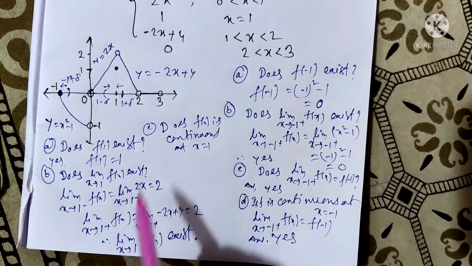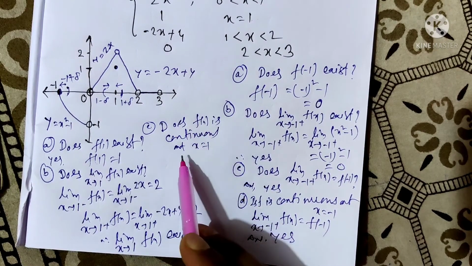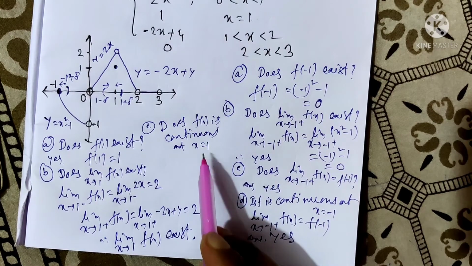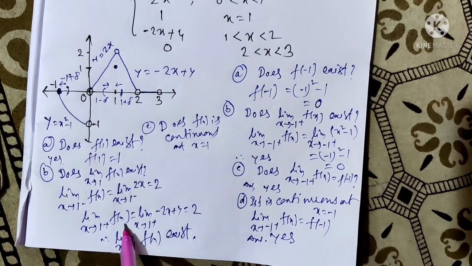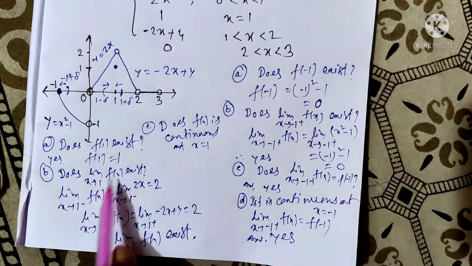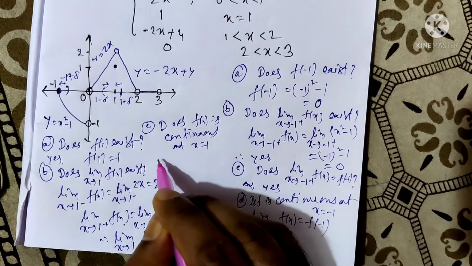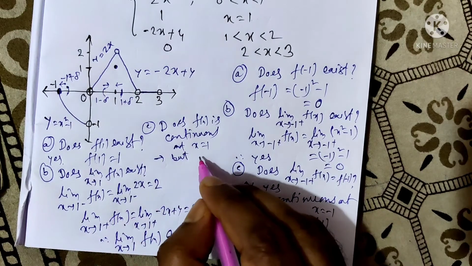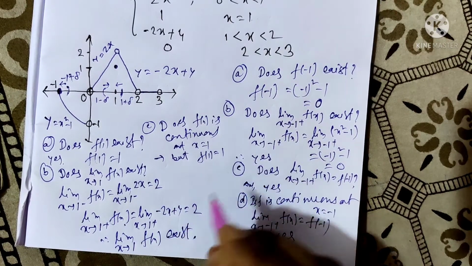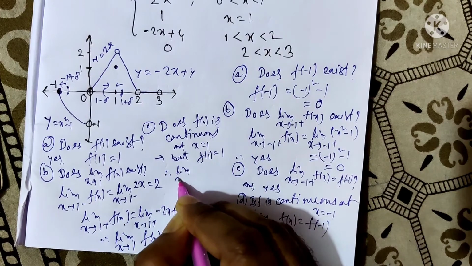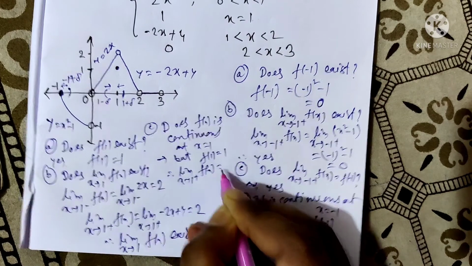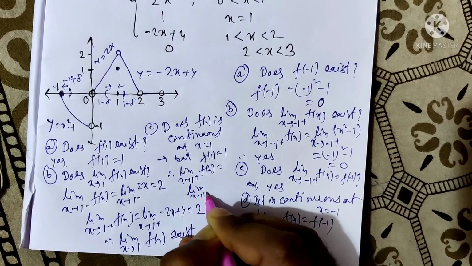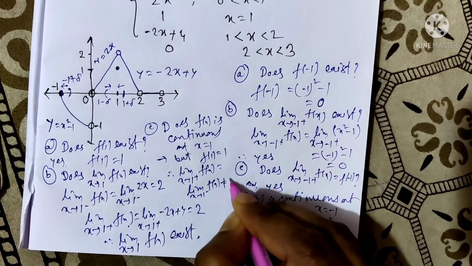Next question, is f(x) continuous at x equals 1? In this case, the left and right limits both exist and are equal, so the limit exists. But f(1) equals 1. Therefore the limit is not equal to f(1).